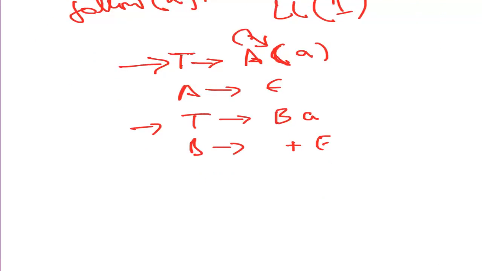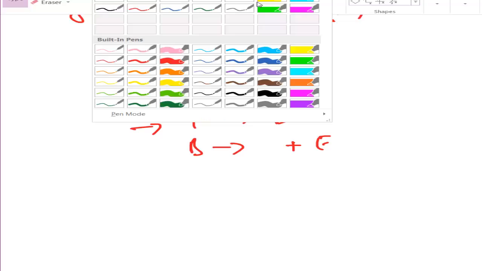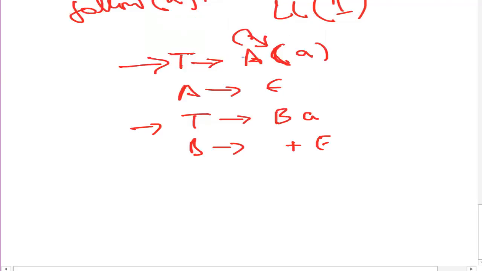Let's take another example to reinforce this concept. Let me change the pen to blue. Say I have a grammar S goes to A S B, or S goes to epsilon. What is going to be the first of S?